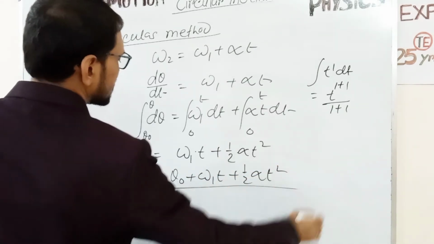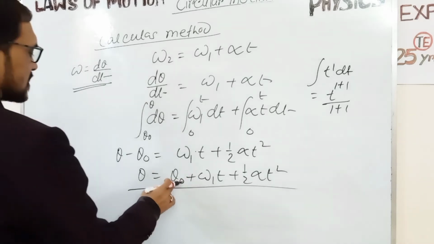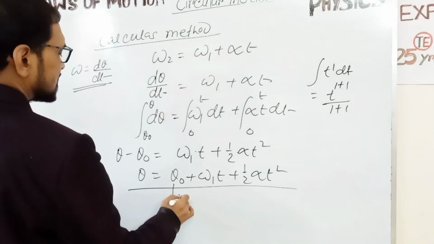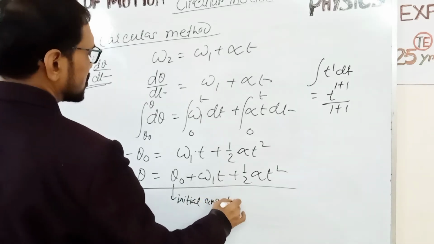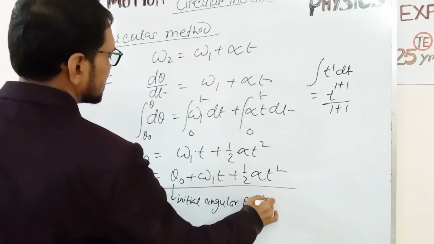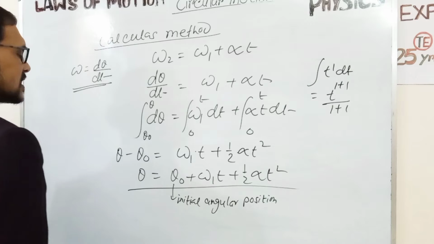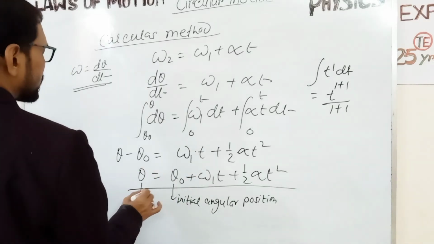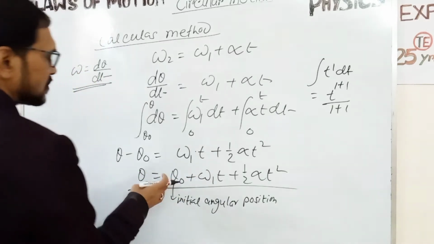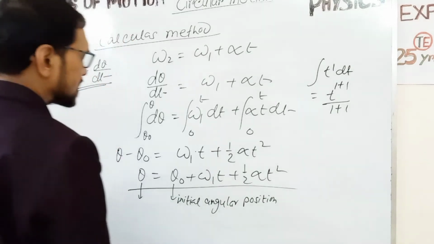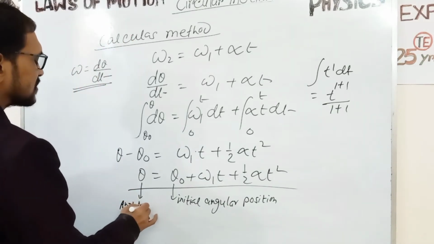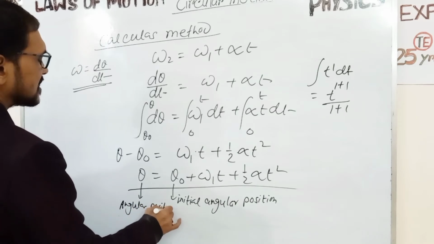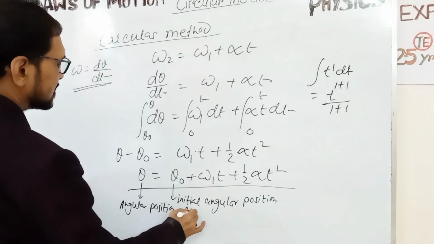Here the initial angular position is called theta 0. So in t seconds, what is the angular position of the particle? Theta equals this, the angular position after t seconds.